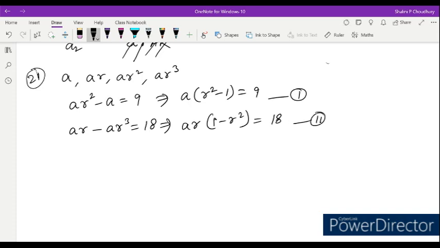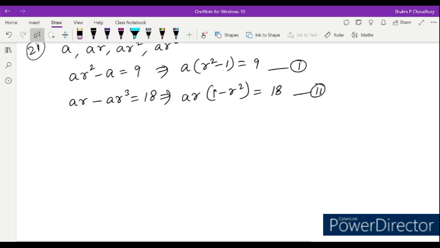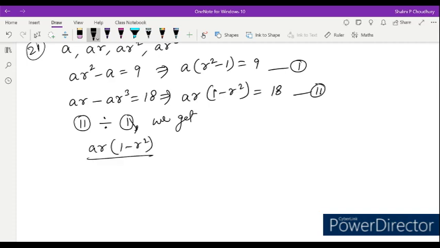Equation 2. If we divide these two, equation 2 divided by equation 1, we get a r into 1 minus r square divided by a into r square minus 1 is equal to 18 upon 9.